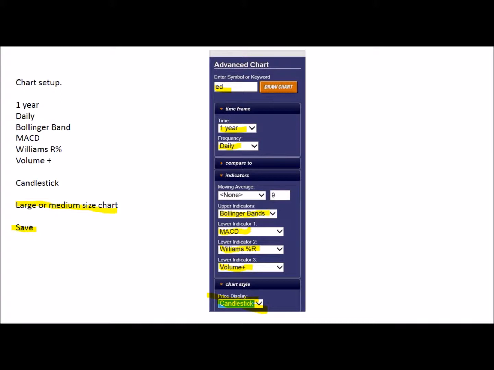You then also say that you want a large or a medium-sized chart. I usually use large. Before you save it, you also set the price display to candlestick. That's just a way of representing the price. Once you've done all of these things, you hit draw chart and then you hit save, and it'll save that for you.